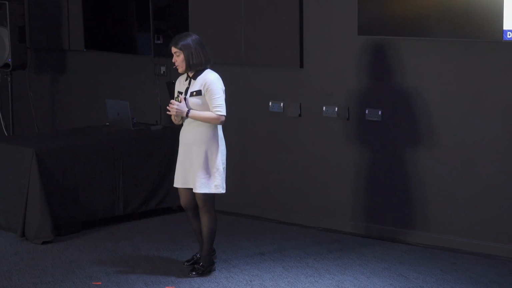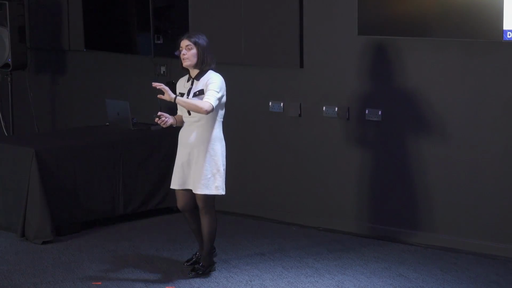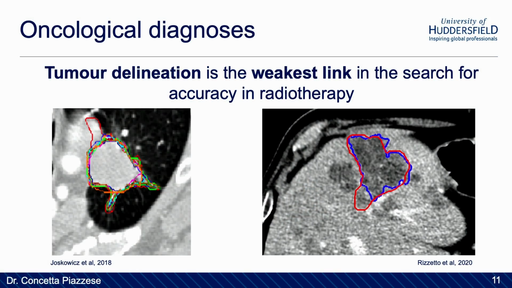Unfortunately, this has a consequence: if I ask 10 different oncologists to outline the contour of the same tumor on the same image, I will get a different result. If you don't believe me, I can give you an example. If we have a look at the image on the right on the screen, we have two contours, the blue one and the red one.